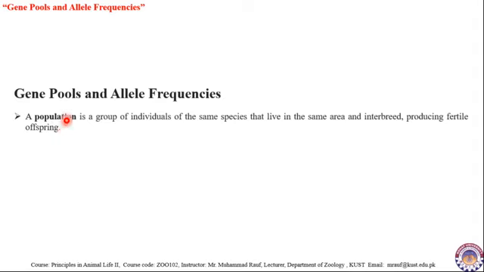Now here we define a population, so a group of individuals will only qualify this definition if they fulfill those conditions. They must belong to the same species, they must be living in the same area, they must have the capability of interbreeding and producing fertile offspring.